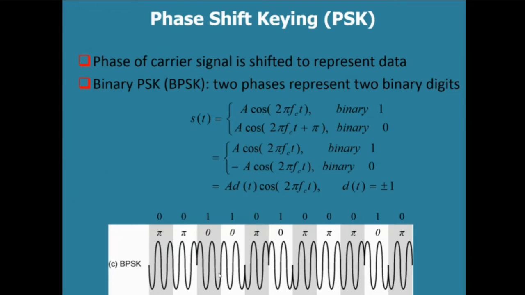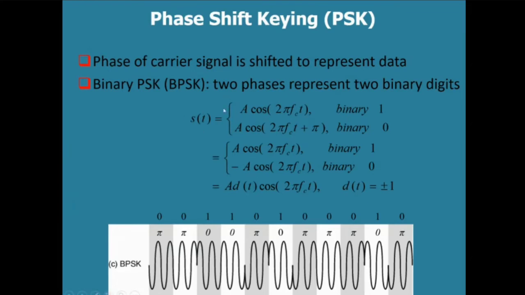S of t equal to A cos 2 pi FC t for binary 1, which is a 0 degree phase shift. For binary 0, there is a pi, meaning a 180 degree phase shift. Same carrier signal. There is a phase shift when the signal changes from 1 to 0 or 0 to 1.